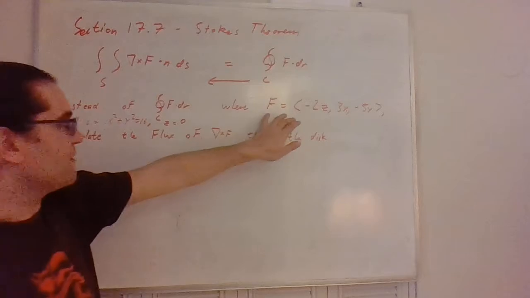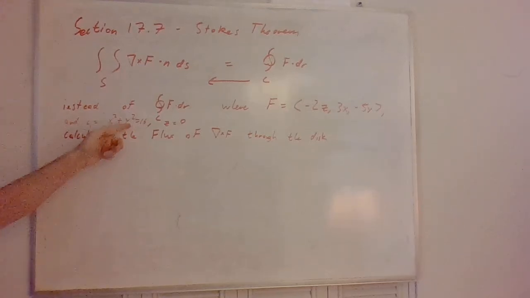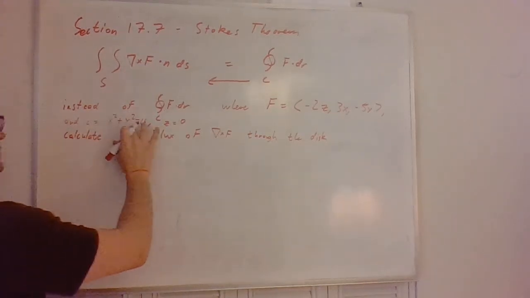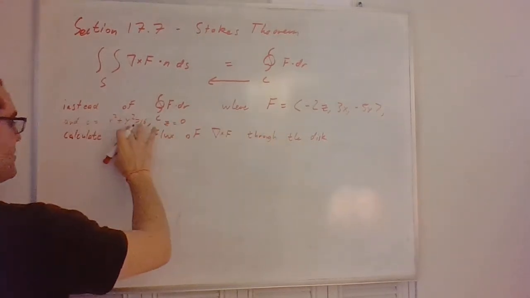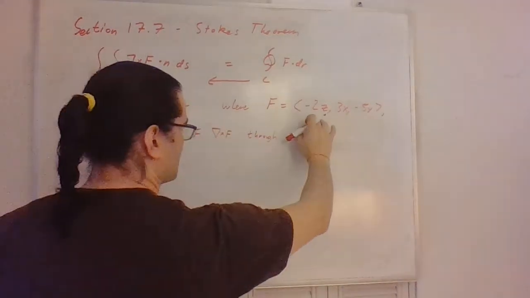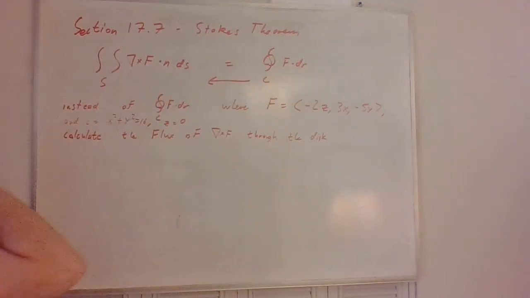Okay, so we have our vector field, and we have a path. So we could do the line integral where we parameterize this path and we express F in terms of this path, and then we do our dot products, and then we do the line integral there.